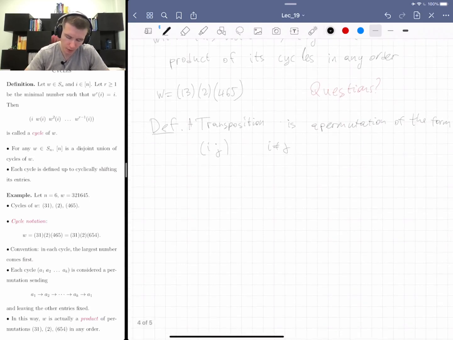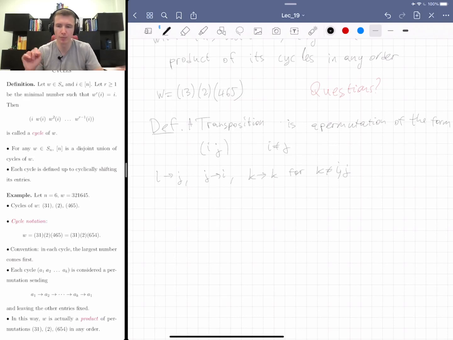So it's the permutation that sends i to j, j to i, and then k to k for k not equal to i and j. So you swap the values of i and j, and that's called a transposition.